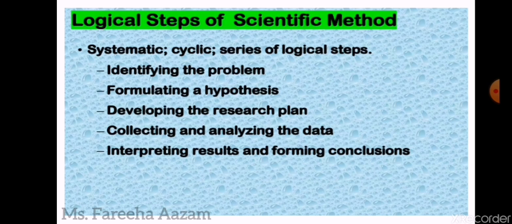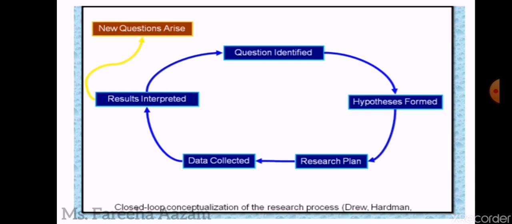In developing the research plan, you are going to test your hypothesis with different tools, like interviews, observations, or any experiment. Then collect and analyze data: you collect the data, and after that you analyze it, interpret your results, form conclusions, and discuss the findings.